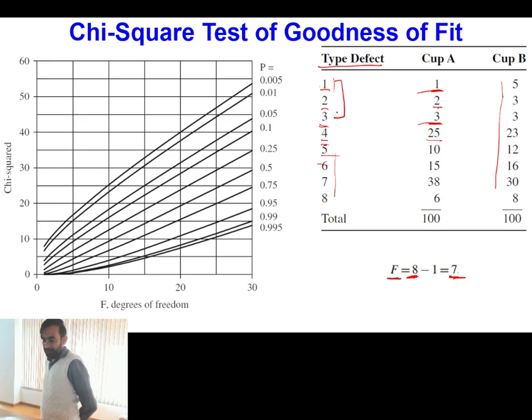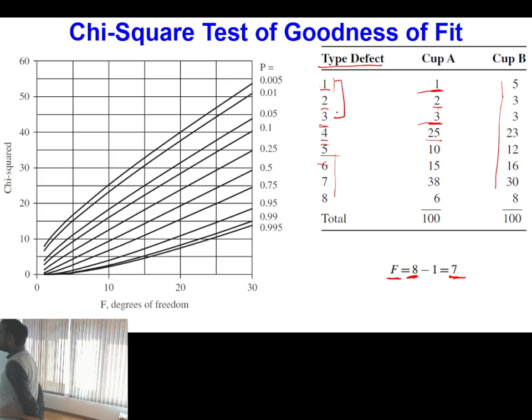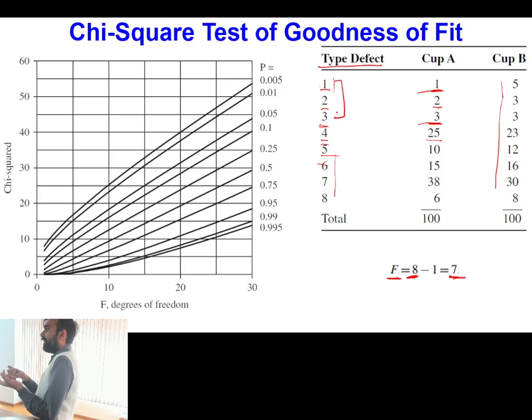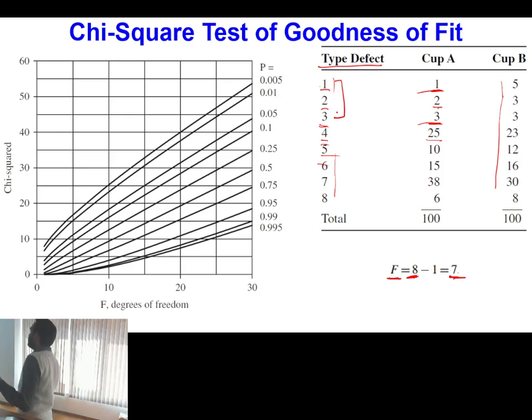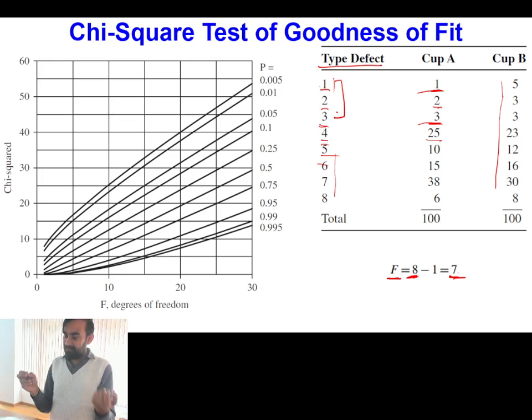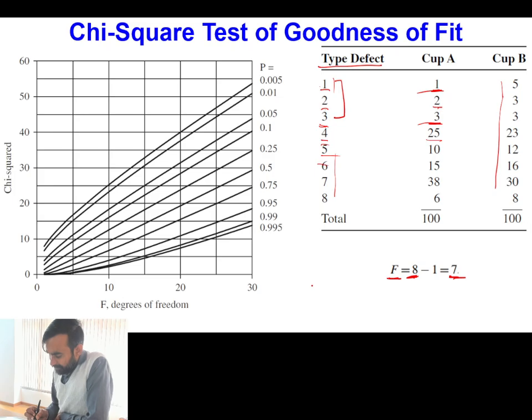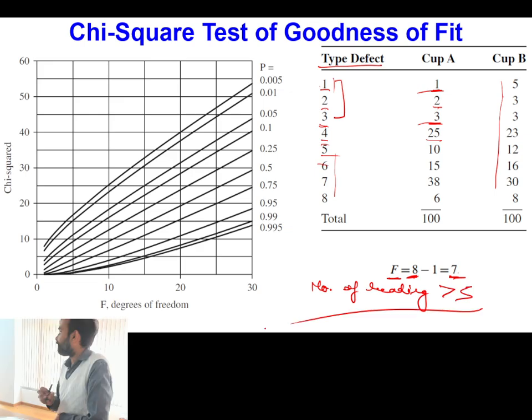Typically, whenever we apply the statistical analysis, our number of readings should be sufficient. If the number of readings is very small and we still apply the statistical analysis, it will give an irrelevant outcome. For example, if you simply consider two readings, and for two readings you try to calculate mean and standard deviation, that is of irrelevance. So whenever we apply the statistical analysis, it is desired that the number of readings for each category should be at least greater than 5.